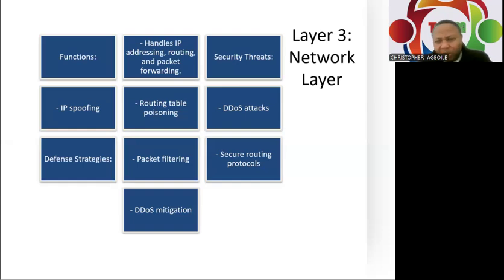This happens by overwhelming the network, flooding it with a high volume of packets. Now, how do you prevent this? By implementing traffic filtering, rate limiting, and DDoS mitigation tools. These are ways you can prevent it.